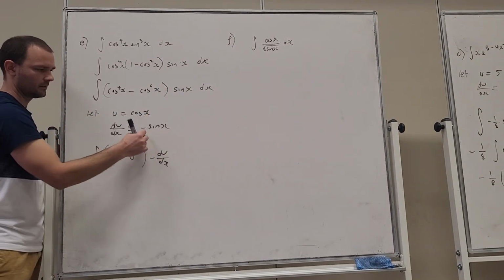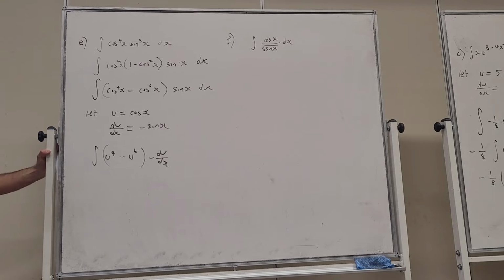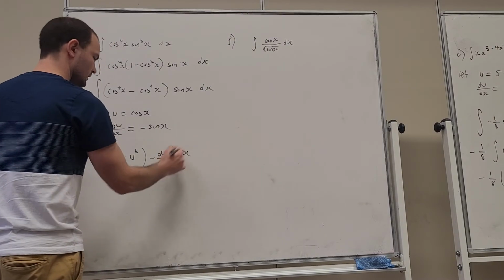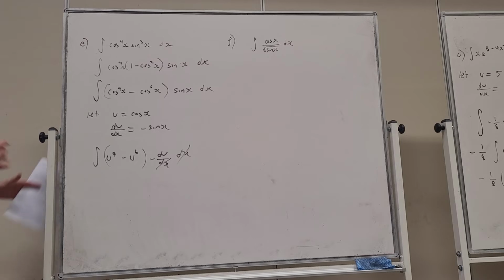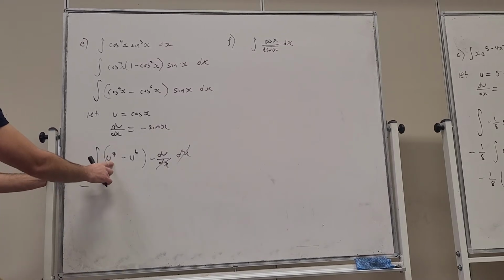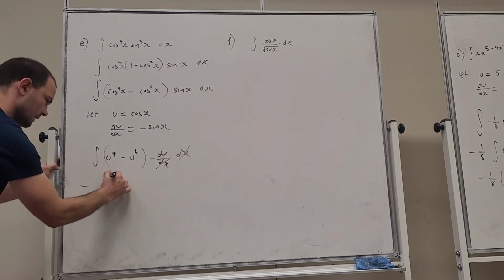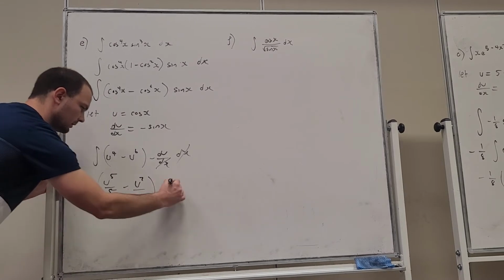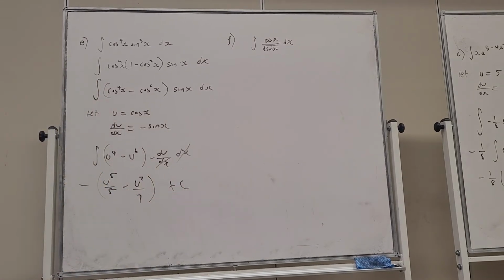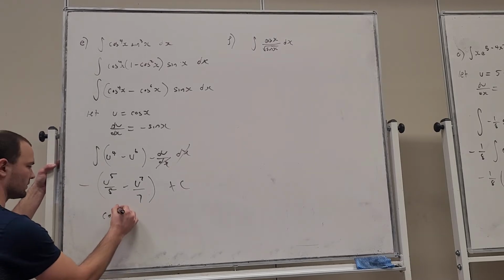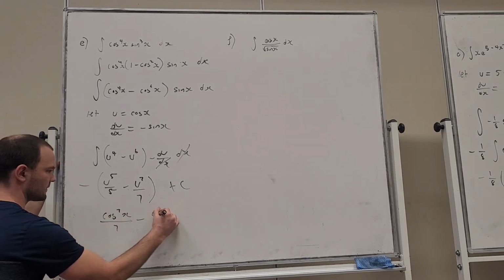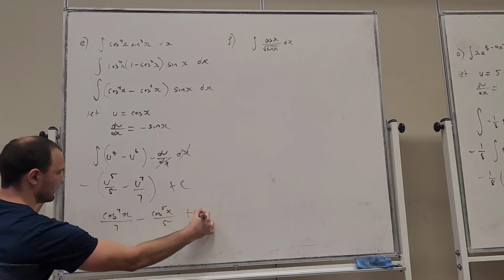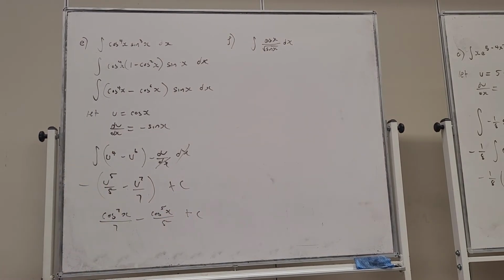We need the negative to make it positive, and then we have dx. The dx will cancel, the negative can come out the front, and we have the integral of u to the 4, take u to the 6. That's u to the 5 on 5, take u to the 7 on 7, plus c, and we'll substitute u back in. We're going to have cos to the 7x on 7, take cos to the 5x on 5, plus c. So I've distributed that negative and substituted cos of x back in.